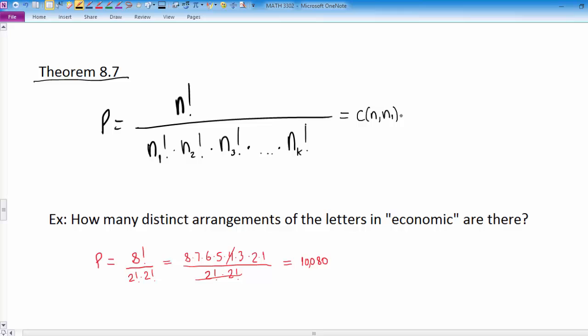It's C(n, n1) times C(n minus n1, n2), C(n minus n1 minus n2, n3), and this is all the way down to the combination C(n minus n1 minus n2 minus ... minus n(k minus 1), nk).